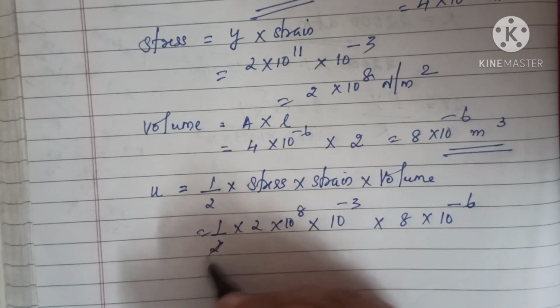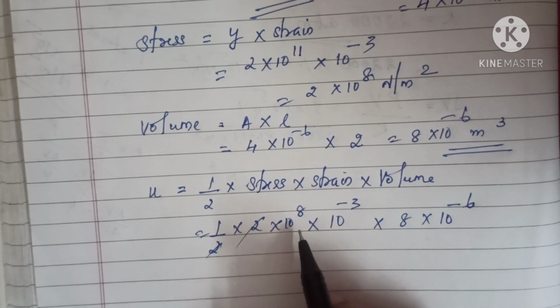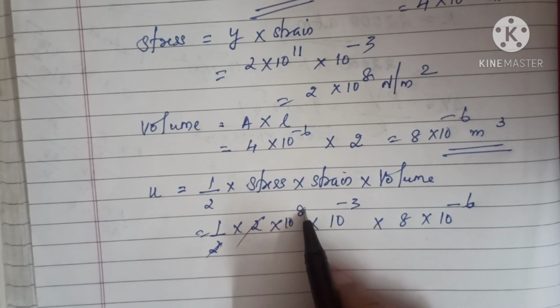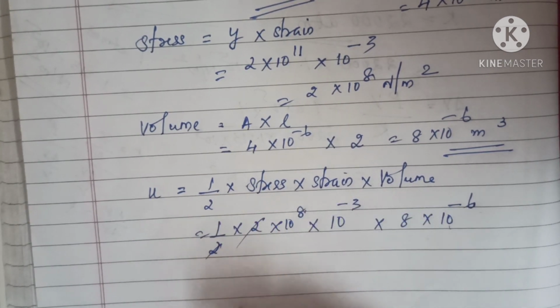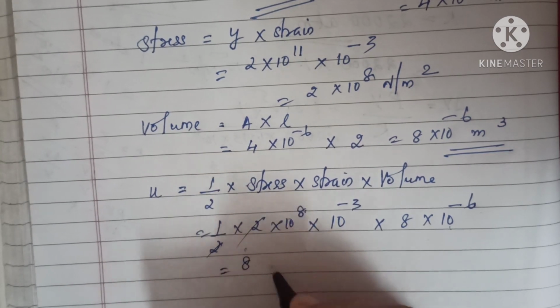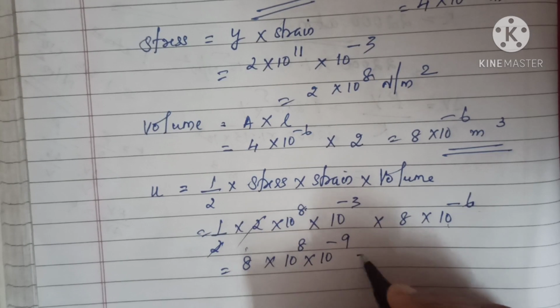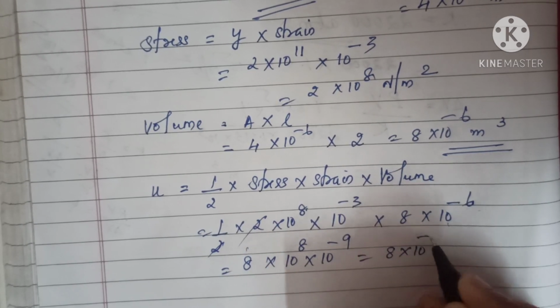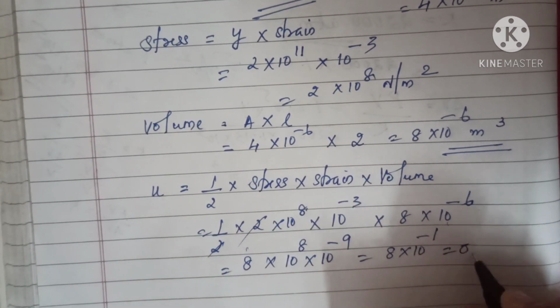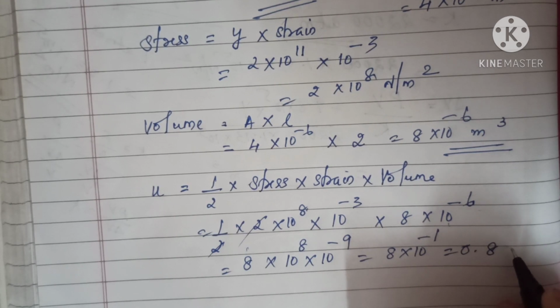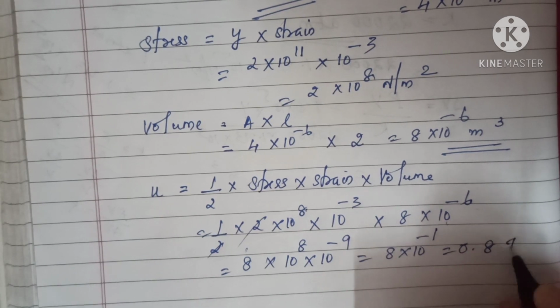Isn't it? So 2 gets cancelled, then 10 power 8 and 10 power minus 9 is there, that is 8 into 10 power 8 and 10 power minus 9 will give you 8 into 10 power minus 1, which is 0.8. And what is the unit of energy? It is joules.